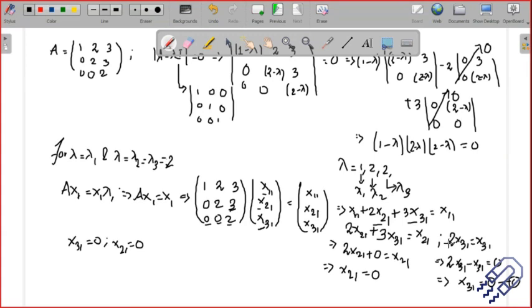Okay. So in general what happens is if you basically have a vector x. Now for any value of x11, you'll basically get x21 and x31 is equal to 0. So for any value of x1, you can just do this.